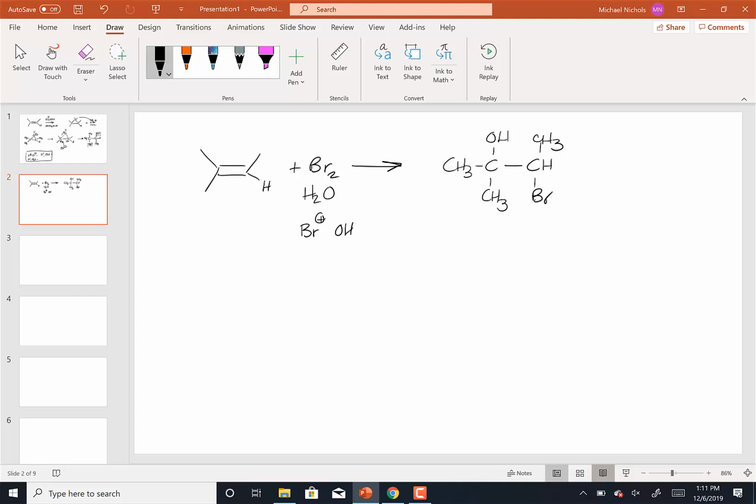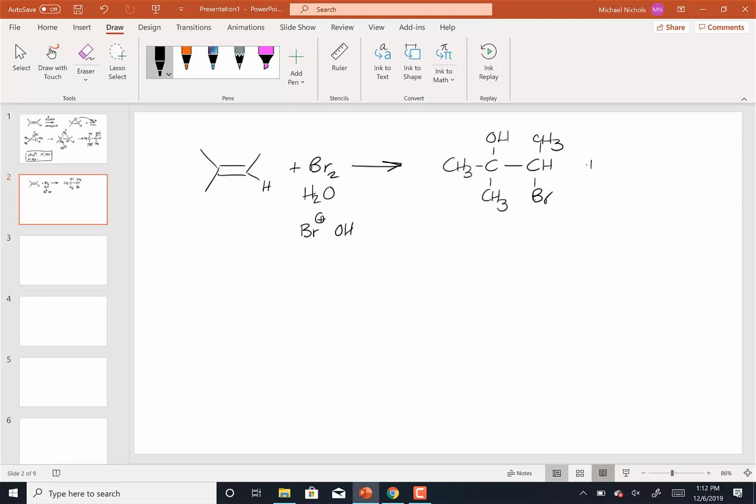On Markovnikov addition, we add the H plus to the carbon with the most hydrogens. In the bromination with water, we add the Br plus to the carbon with the most hydrogens. So this is the molecule we would initially make, the bromohydrin.